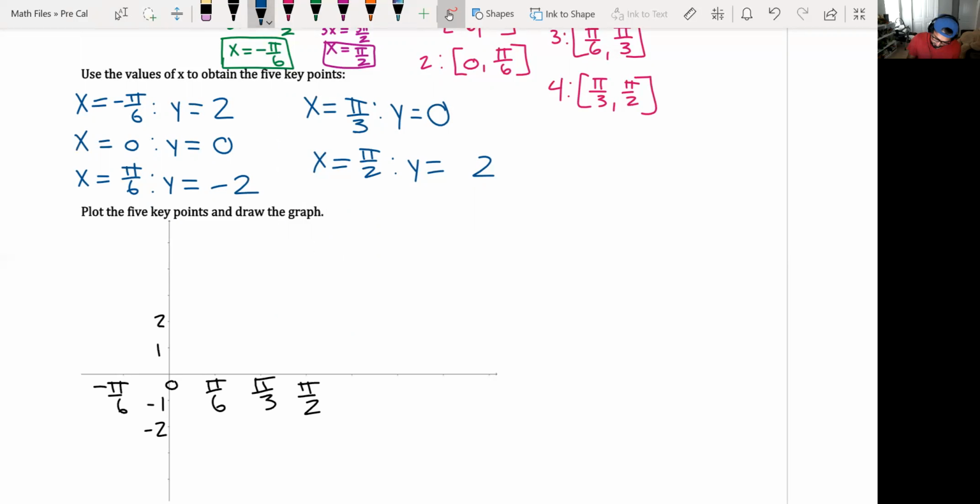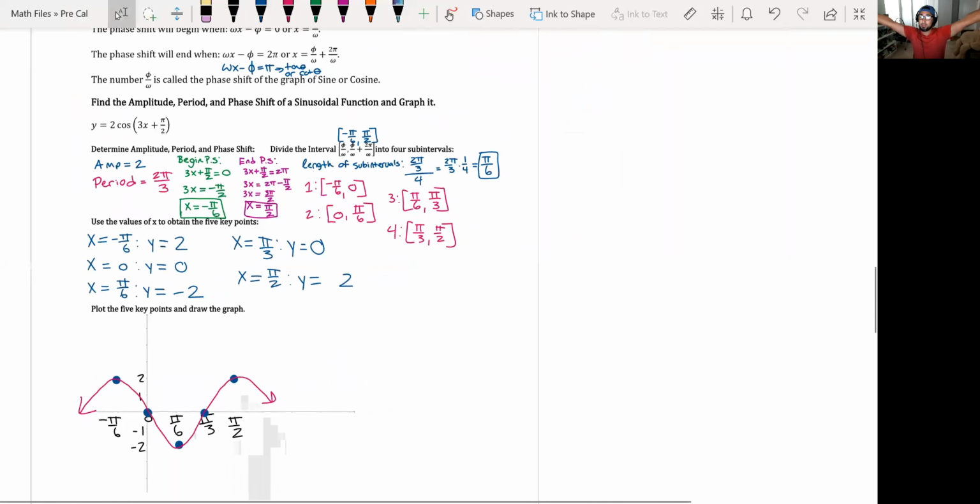And negative pi over 6, we are at 2, 0, -2, 0, 2. And here's what our trig function looks like with key points. Woo! All right.